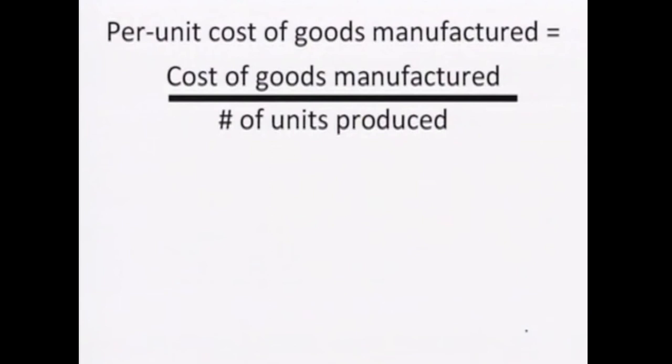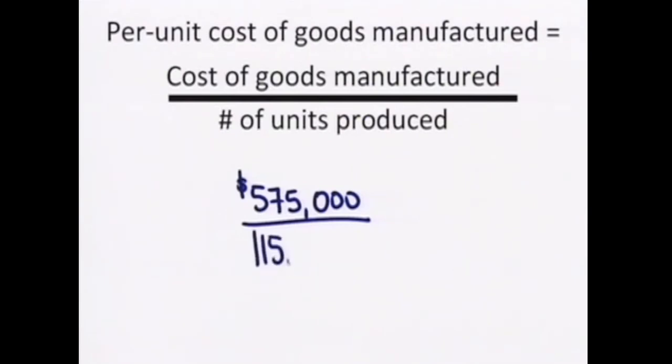Cost of goods manufactured for Blue Denim Company is $575,000 divided by 115,000 jeans. Per unit, cost of goods manufactured is $5 per jean.